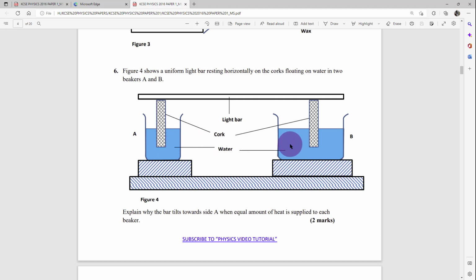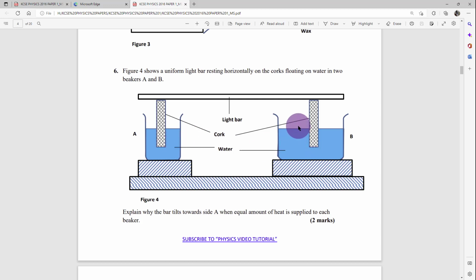But the temperature rise depends on the quantity of water which we have there. So over here we are going to experience a small rise in temperature compared to here where we have a large change in temperature.